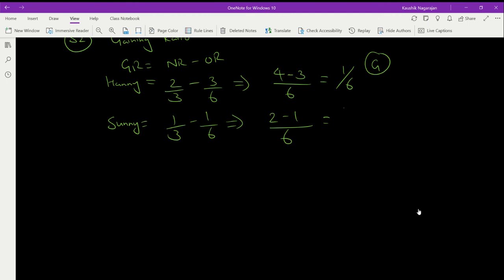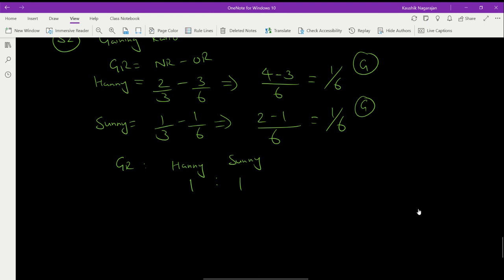So this gives me another 1 by 6. So both have got the gaining ratio only. So partner Sunny is also gaining. So the gaining ratio between Hanny and Sunny is nothing but 1 is to 1.